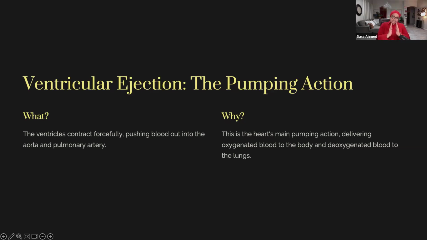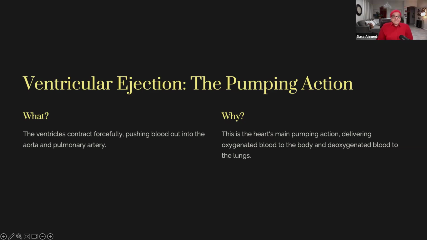The electrical activity that corresponds to the ventricular contraction is the QRS complex.